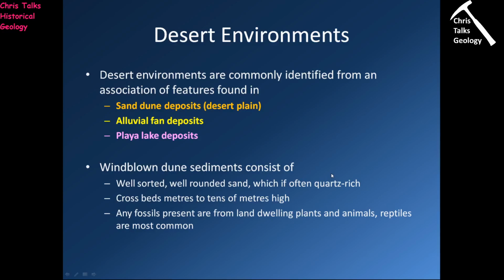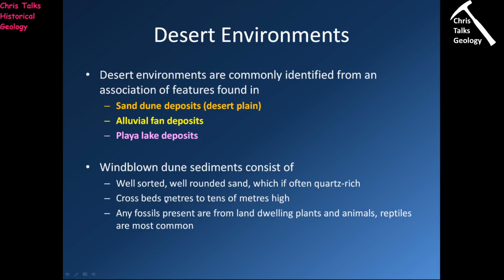So sediments associated with desert plains are actually very easy to spot. They're very well sorted, very quartz rich, and the clasts tend to be pretty well rounded. And so you can spot that quite quickly. Most other environments where you have sand, something like a beach environment, will not tend to have quite the same level of sorting and quite the same level of rounding.